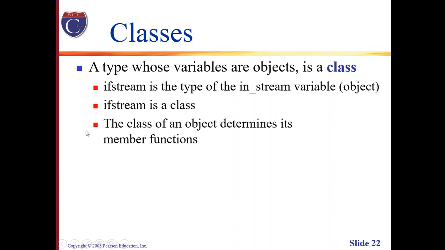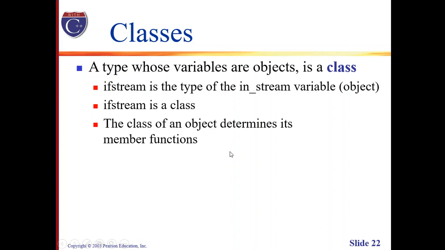The class of an object determines its member functions. Which means we have this class built in C++. And of course, the ifstream class has its own set of member functions, which means every time we declare a variable of this type, whatever functionalities that this class has are automatically passed down to an instance of this class, which is the instream object.